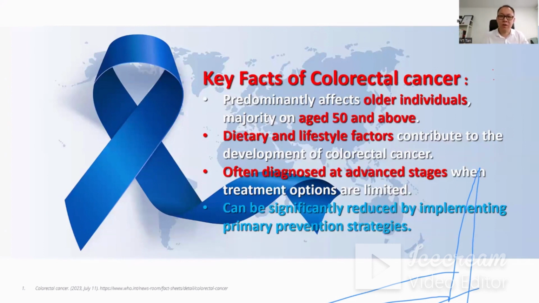It's not acute. And it can be significantly reduced by implementing primary prevention strategies. Even though colorectal cancer is so life-threatening, the second deadliest cancer in the world, it can be prevented if we implement some primary prevention strategies. We will talk about that later.